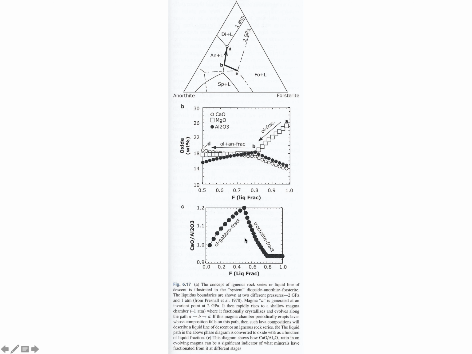Here we have the next one, again the liquid fraction, calcium oxide versus aluminium oxide. We have the troctolite fraction, you know what a troctolite is, we discussed it when I showed you the gabbro triangle, and here we have the olivine gabbro fraction, because here we are forming an olivine gabbro.